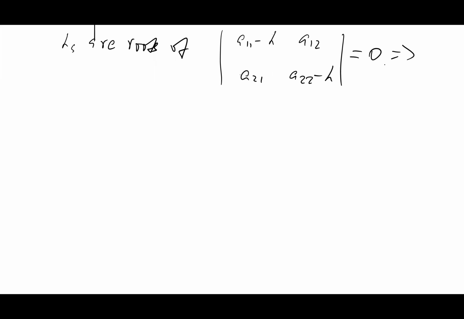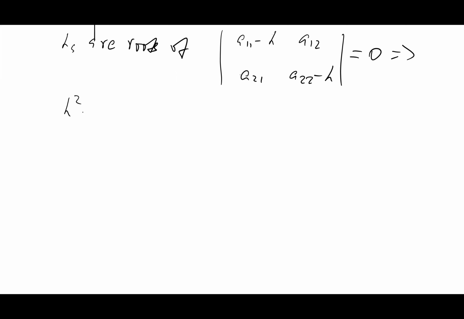Lambdas are roots of this equation. So they are eigenvalues of matrix A, and they are found like this. This determinant is 0, and this brings us to the characteristic equation.